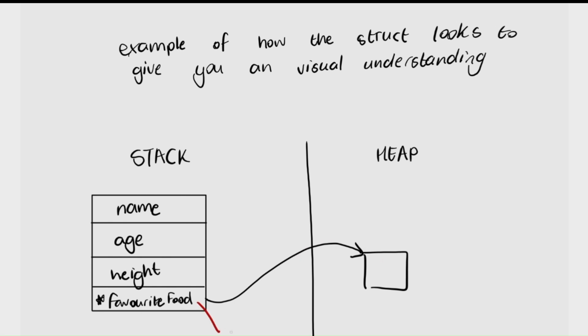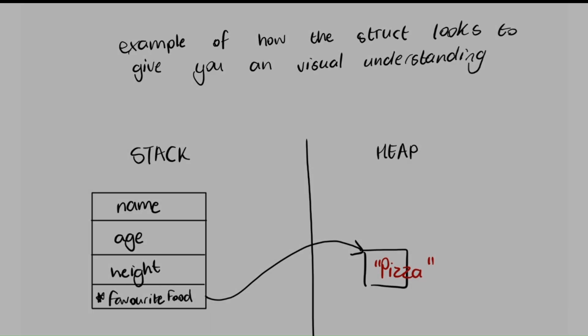This would store the memory address of this variable in the heap, and this would actually store the favorite food. Let's say something generic, something random like pizza. So this is just the visual understanding of how it goes. All the other ones are just here. They're not pointers.